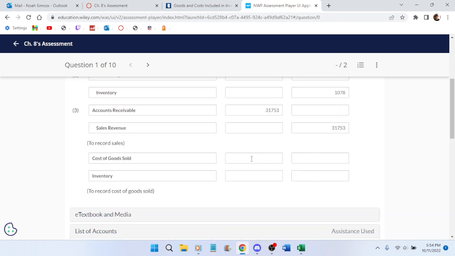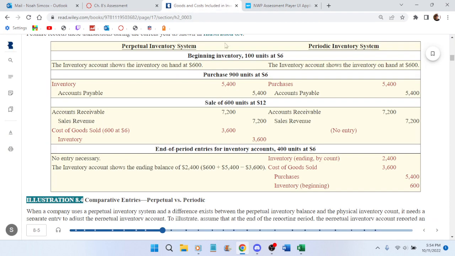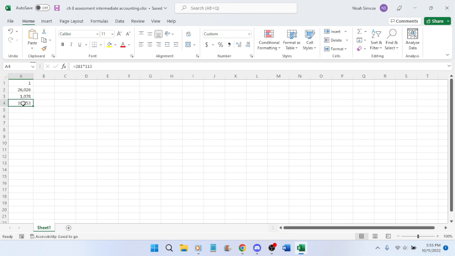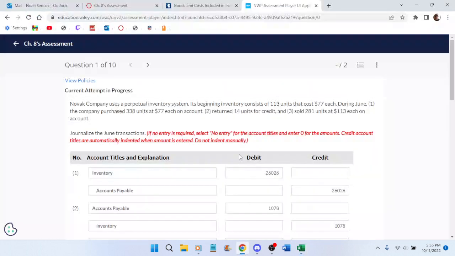And cost of goods sold, they gave you the fact that it cost $77 to buy them, so you're going to have 281 times 77.